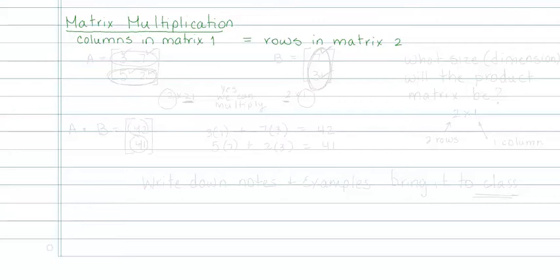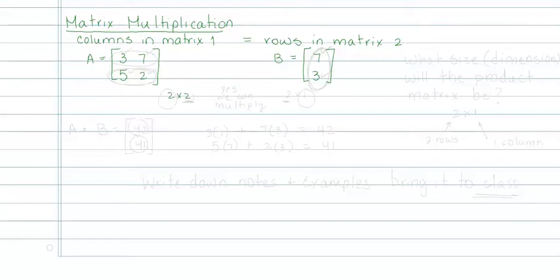Let's say that we're working with matrix A, and matrix A is 3, 7, 5, and 2. And we have matrix B, which is 7, 3. Well, now you check the dimensions. What's the dimension of matrix A? Matrix A has 2 rows and 2 columns, so it's a 2 by 2 matrix.